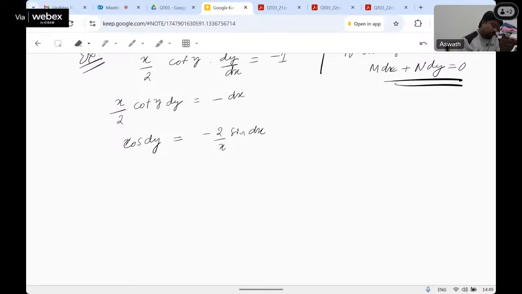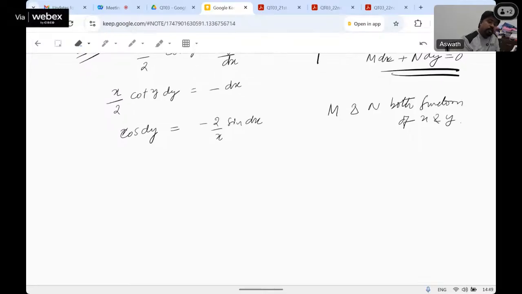I want to have m and n both functions of x and y. That is very much required. So by just doing a rearrangement, I can do something like x cos y dy is equal to -2 sin y dx.